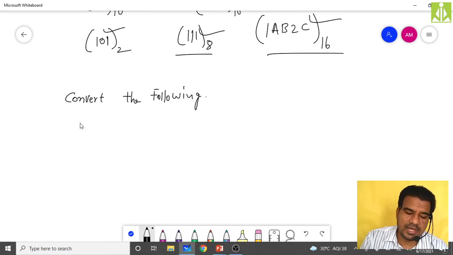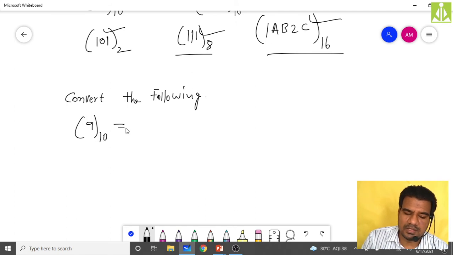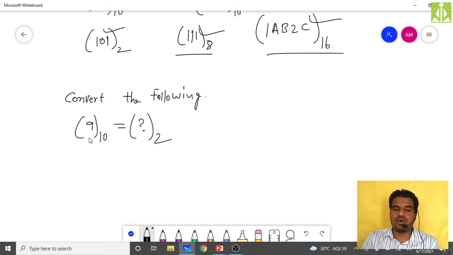See here, let us take a simple number, like 9. I'm giving 9 base 10 equals, with a question mark, and the base value 2.